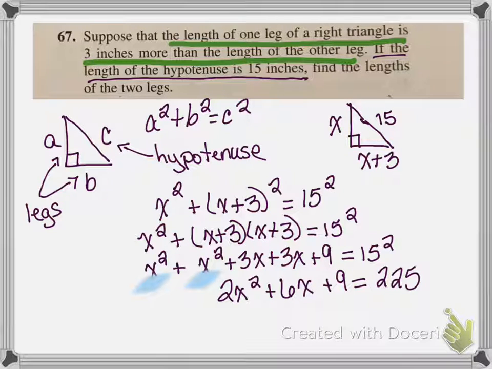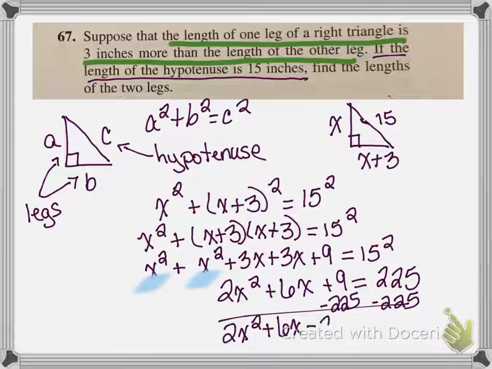And I do that by subtracting 225 from both sides. Okay, so I'm subtracting 225 from both sides. So I end up with 2x squared plus 6x minus 216 equals 0.